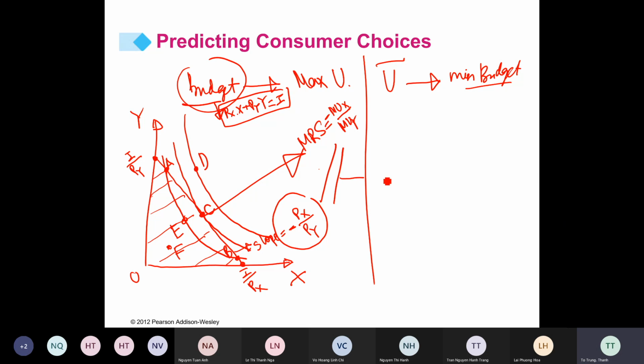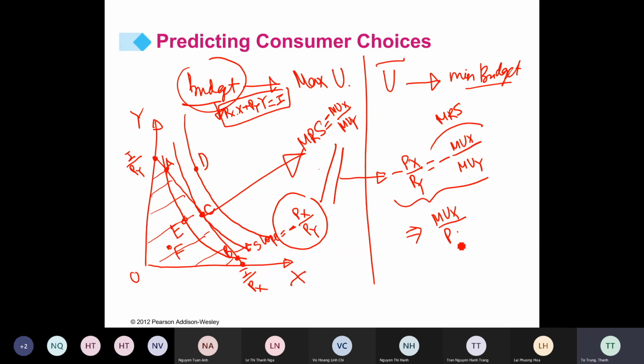Now, we have this formula, minus px by py, that is the slope of the budget line, equal to minus MUX by MUY, that is the slope of the indifference curve. This is the MRS, right? And also we can rearrange this formula to, let's say, MUX by PX equal to MUY by PY.